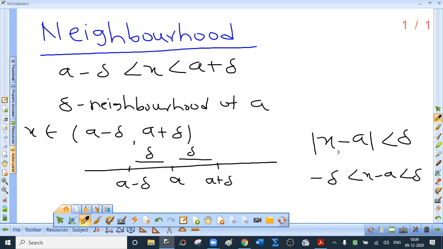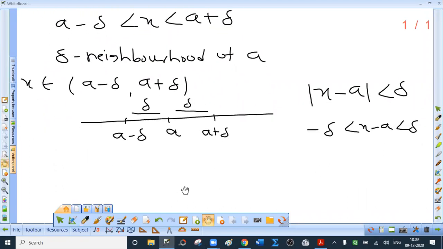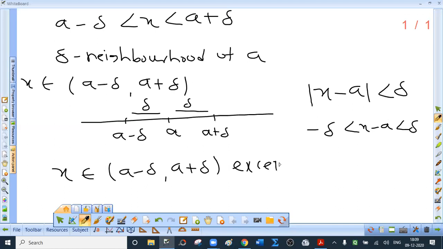Suppose I omit a from this neighborhood. So if I say the set of all points x belonging to open interval a minus delta, a plus delta, except x equal to a, it is called as deleted neighborhood of a.